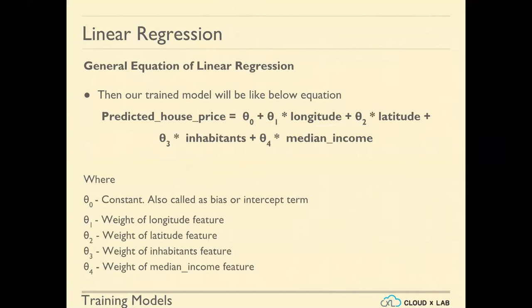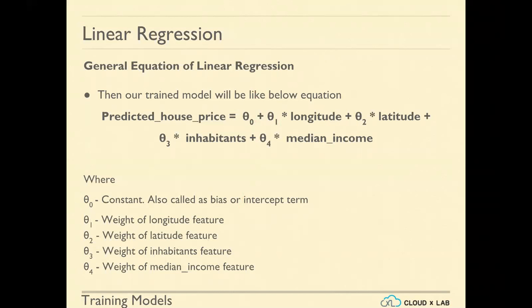A question from Nirav: what is the theta 1 value here? That's what we are going to find. As we train our model, these values are what we guess. These values are what we call our learning, or you can say our model. These thetas become our model.